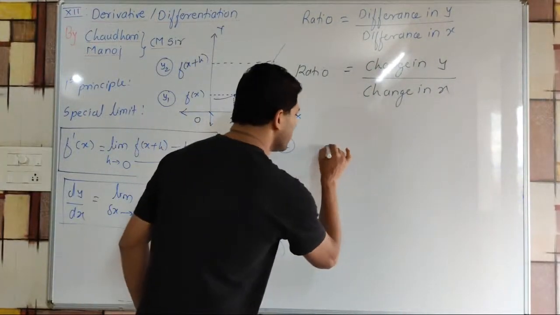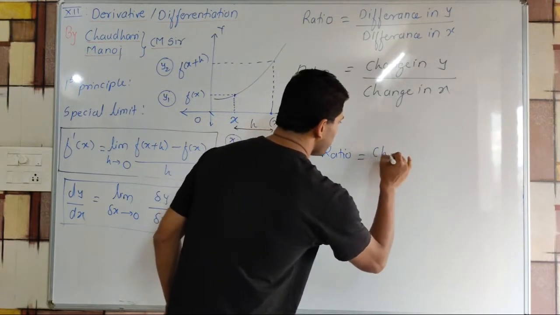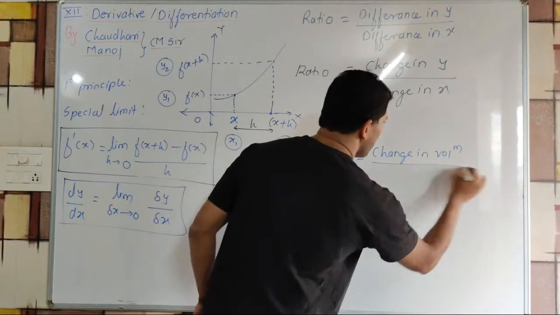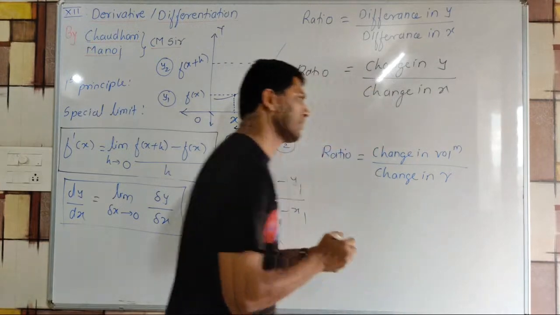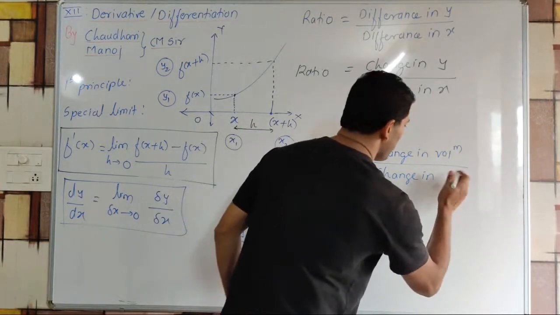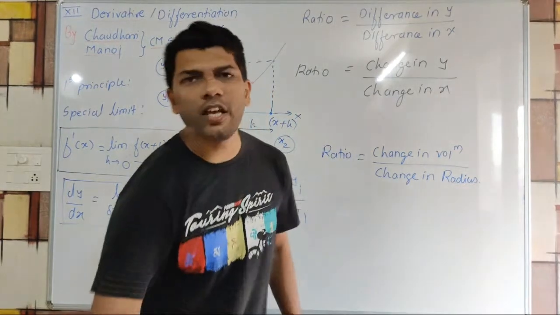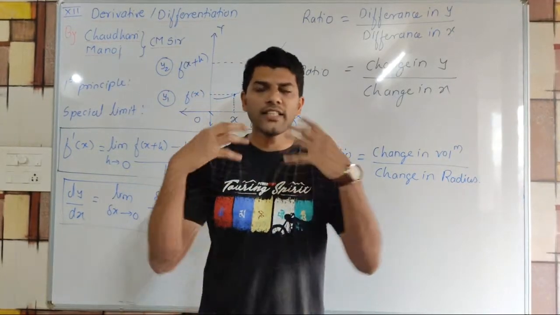So as far as this ratio is concerned, we can say change in volume with respect to change in radius. Try to understand, this is a very important concept. What exactly is the derivative?